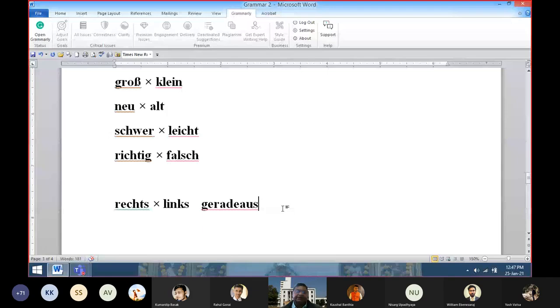Don't turn, go straight. Then after one kilometer, half a kilometer, or 100 meters, you can say whatever. Then turn: gehen Sie rechts, go right. Gehen Sie links, go to the left. So these three words are used for giving direction. Geradeaus is straight, links means left, rechts means right. These are also used as adjectives, right? Right, wrong. Your answer is right. Your answer is wrong.